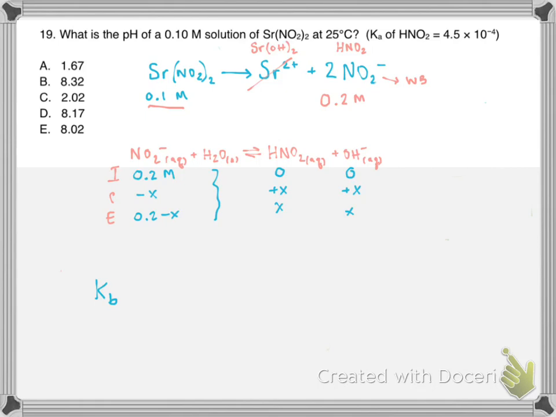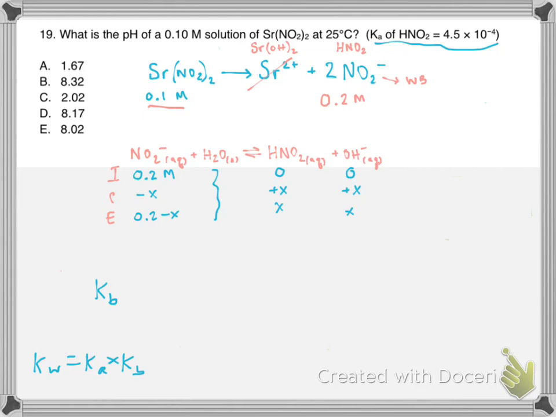But if we look up at the problem, they give us the Ka for the conjugate. And so to figure out Kb, we're going to have to use that rule where Kw equals Ka times Kb.